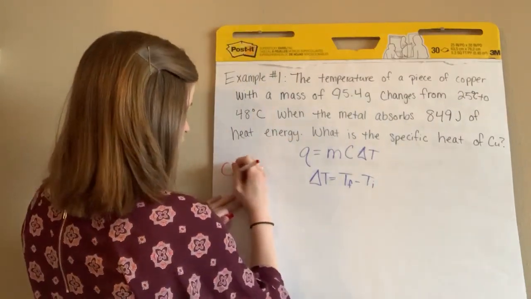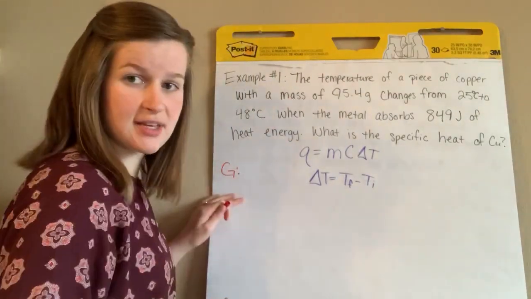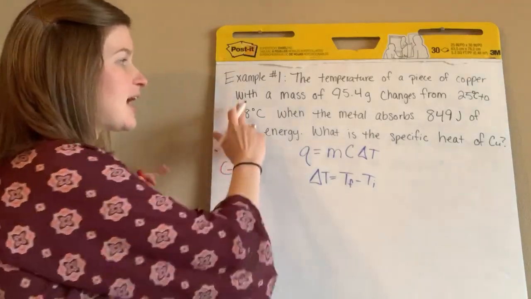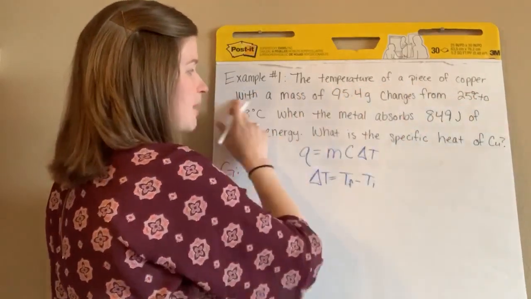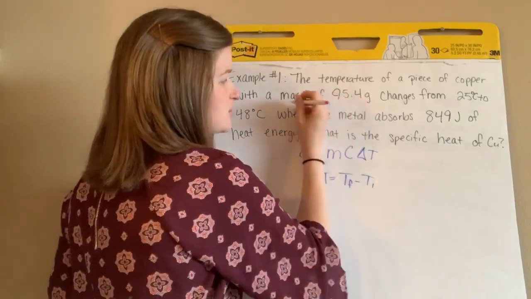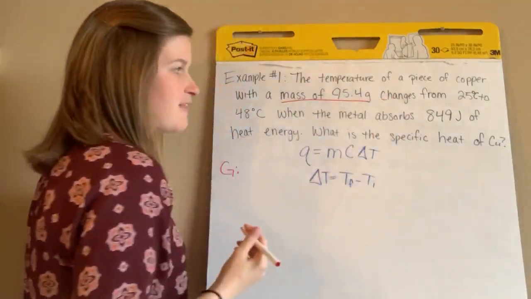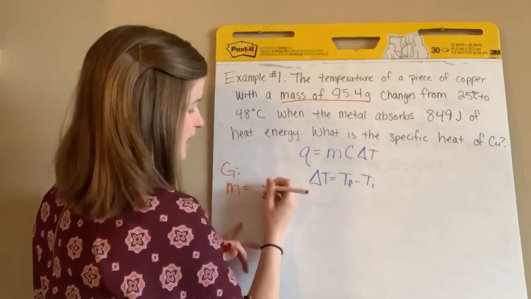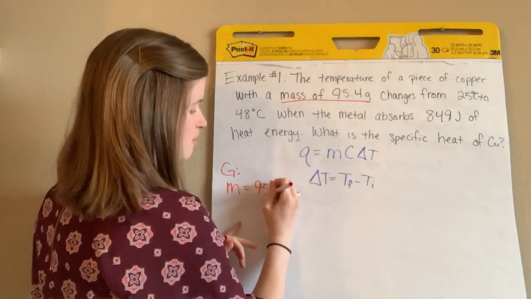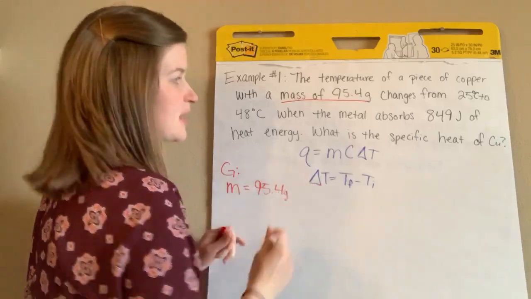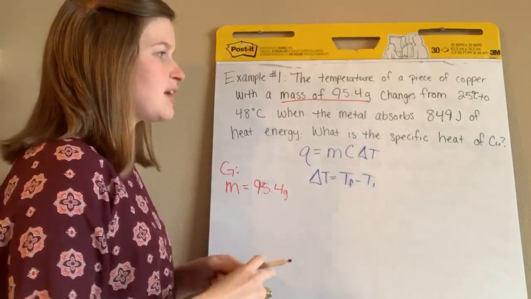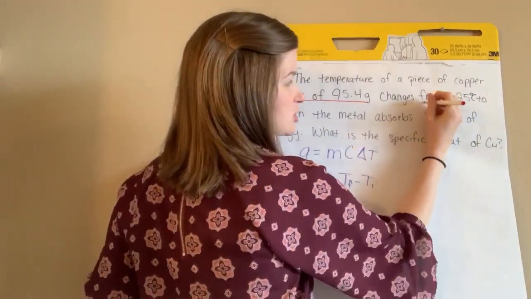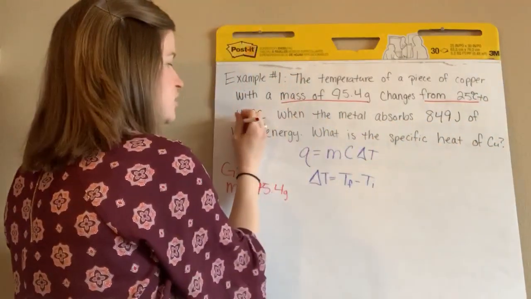For my givens, I just do a G for given. It tells me a piece of copper with a mass of 95.4 grams, so M, which stands for mass, is 95.4 grams. I'm going to keep going. The temperature changes from 25 to 48.